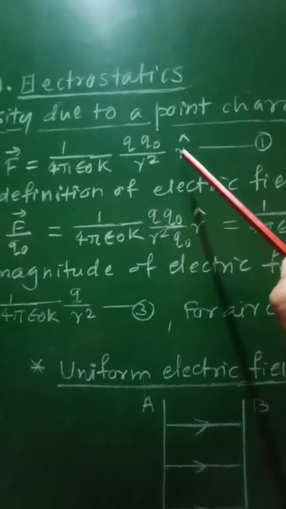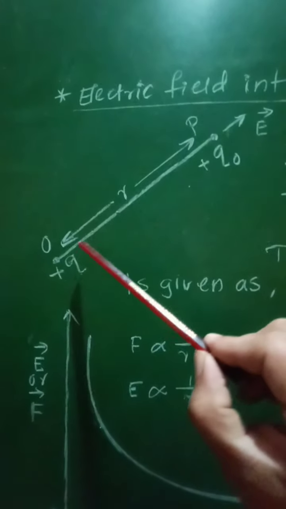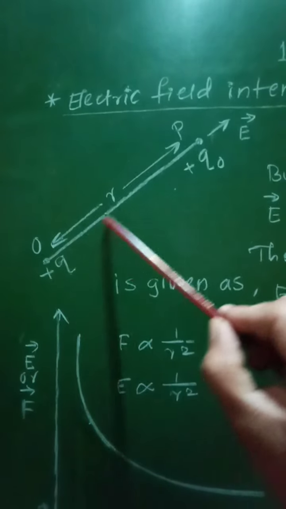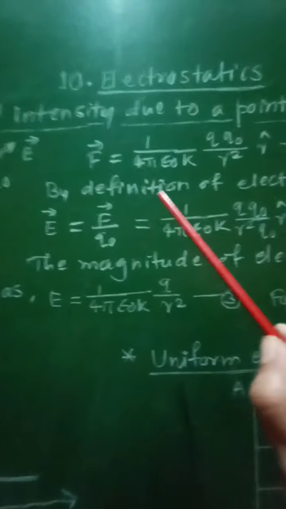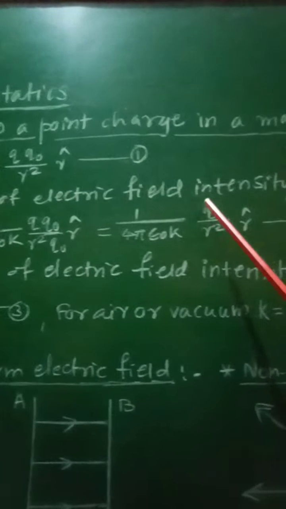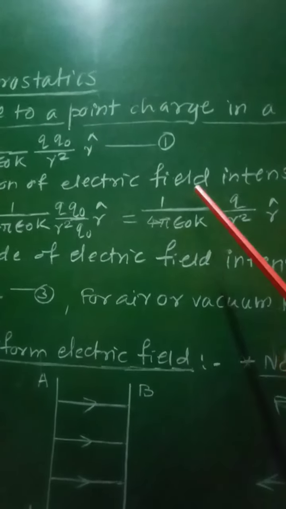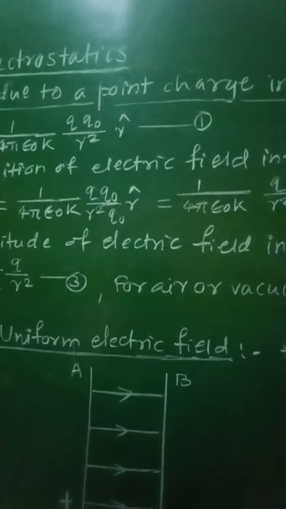This R cap will represent the unit vector directed along the direction of the Coulomb force, that is along OP. Then by the definition of electric field intensity, electric field intensity in an electric field is defined as the electrostatic force per unit charge.